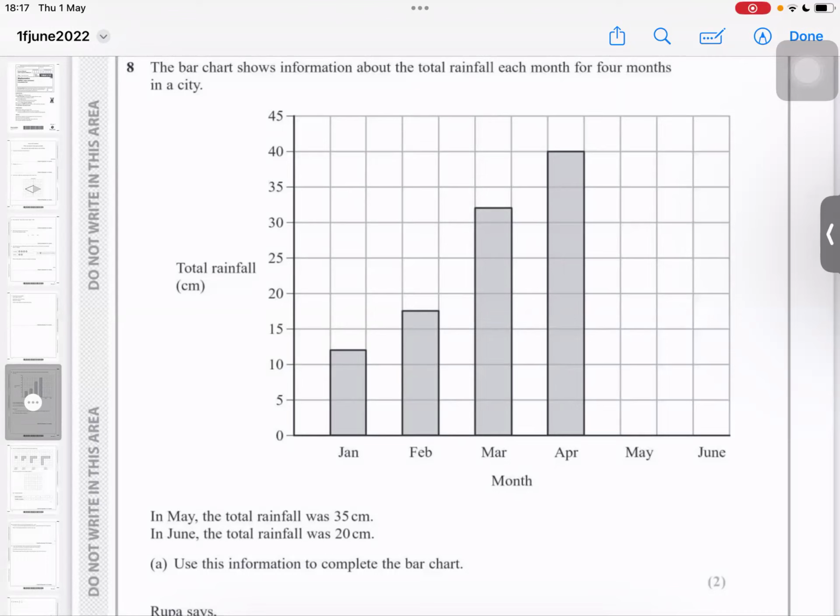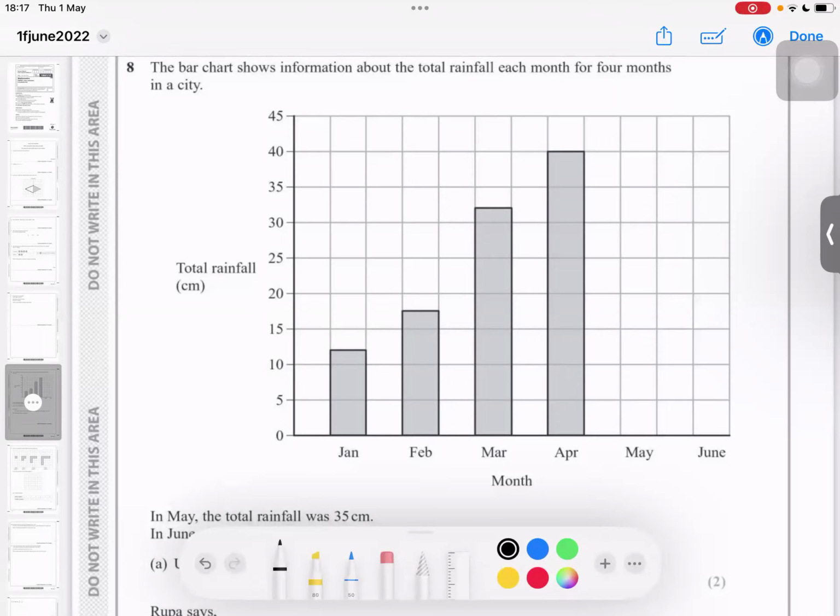Okay. So if you were to draw the bars for May and June, where would they be, following the scale that we have here? Remember that May is 35 cm, sorry, not percent. So let's see how May and June will play out.